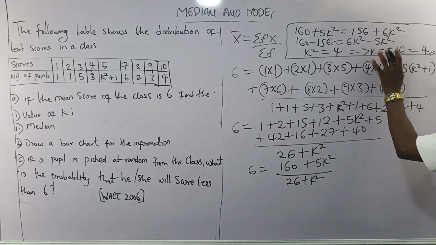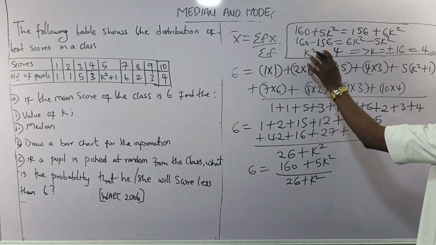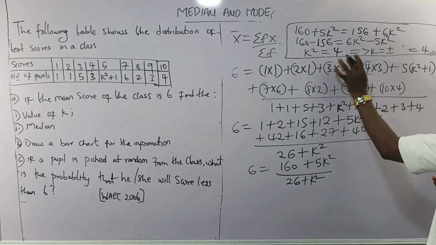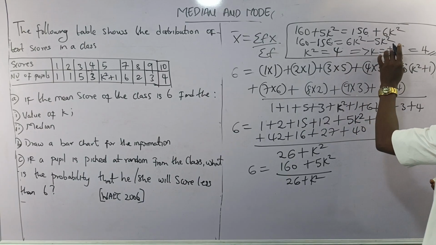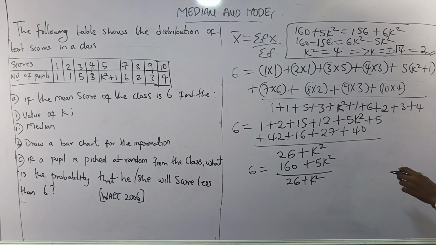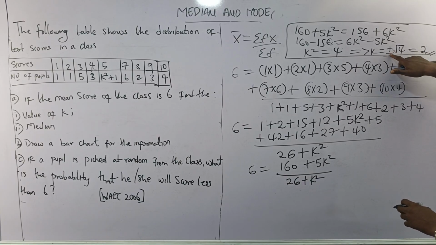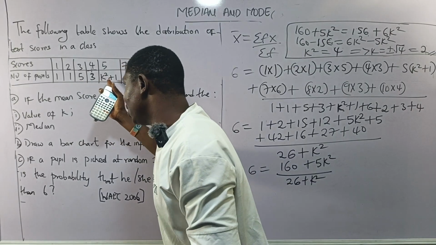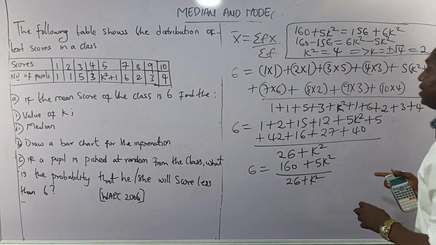And like I said, when I take the square root to make k the subject of the formula, I have plus or minus. So if I take the square root here, I have plus or minus the square root of 4, which will give me what? 2. So we are supposed to have plus or minus 2, but we neglected the negative sign because k is the number of people, which is frequency, so it must be positive.